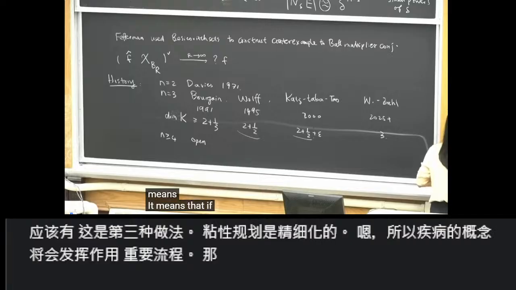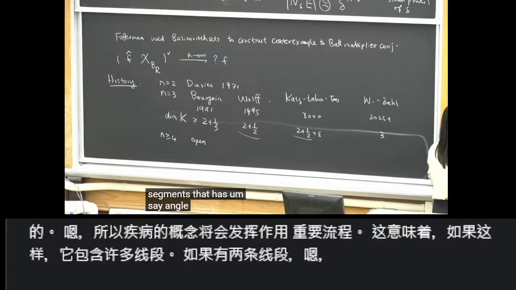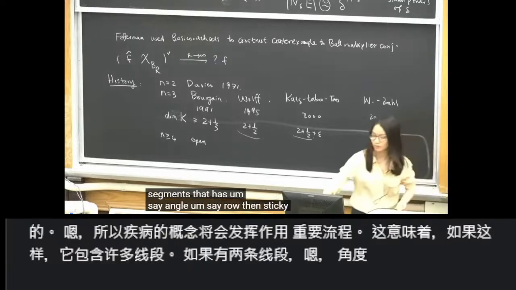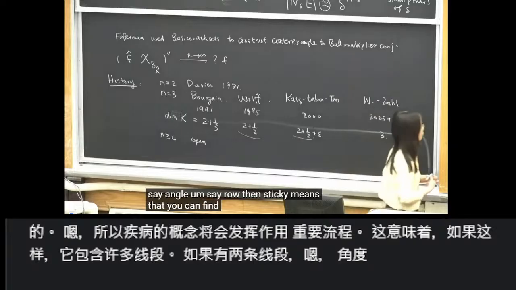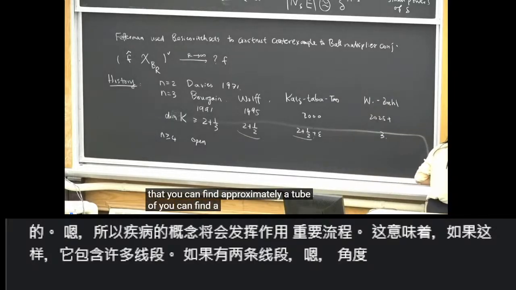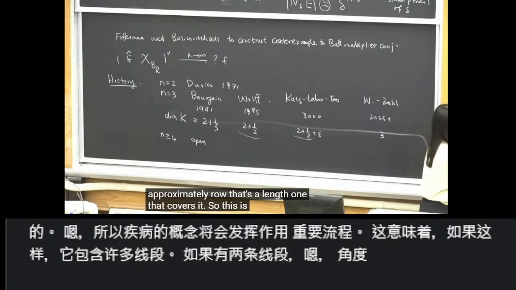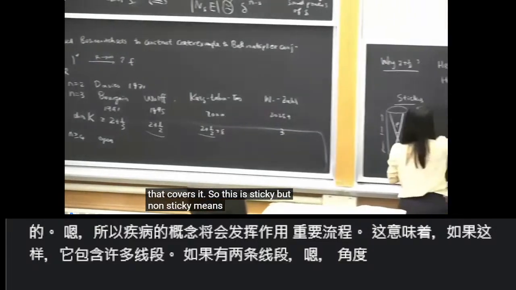It means that a Kakeya set contains many line segments. If we have 2 line segments that have, say, angle rho, then sticky means that you can find a tube of radius approximately rho and length 1 that covers both.